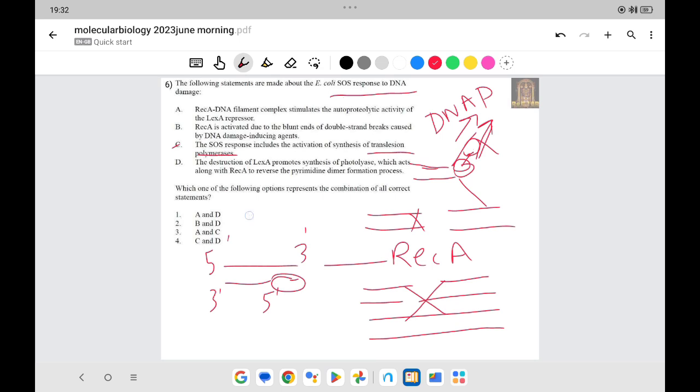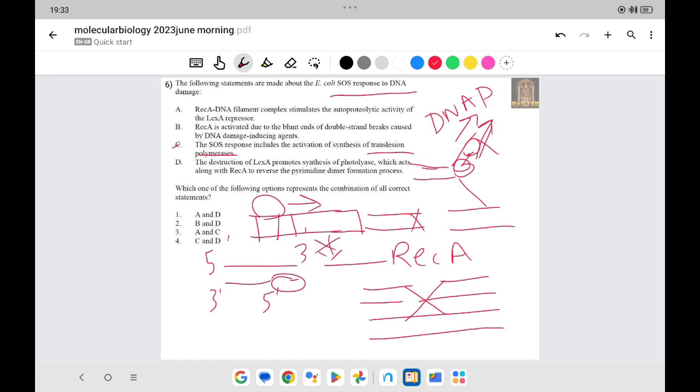In the case of the SOS response regulatory genes, at the operator site, the LexA repressor binds and blocks the production of these proteins. So no protein is produced in the normal case.